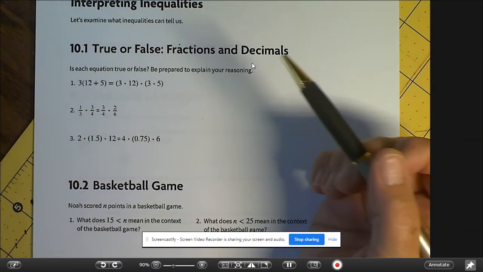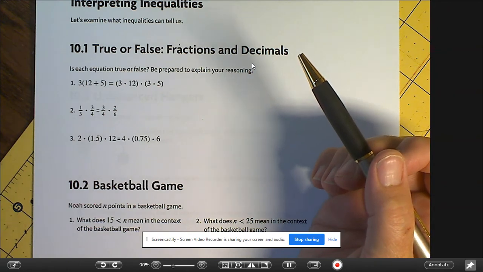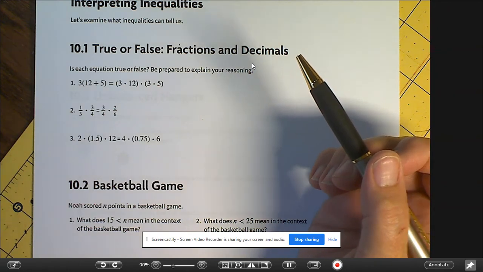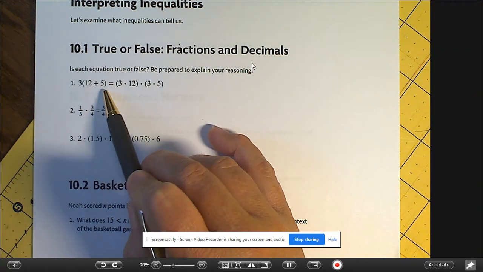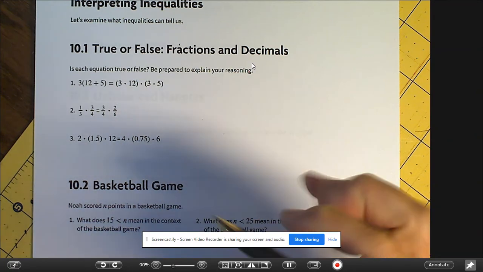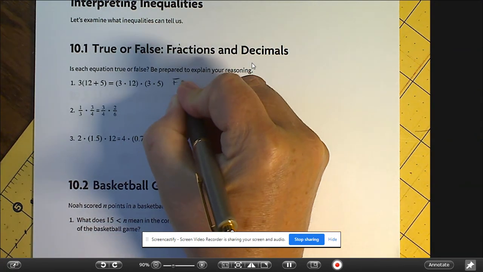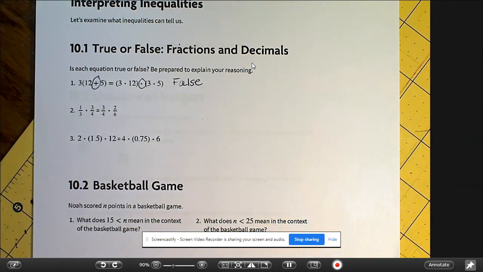Okay, so in each equation, is each equation true or false? Be prepared to explain your reasoning. So is 3 times 12 plus 5 equal to 3 times 12 times 3 times 5? So that's going to be false, and that's because this is not a plus sign.